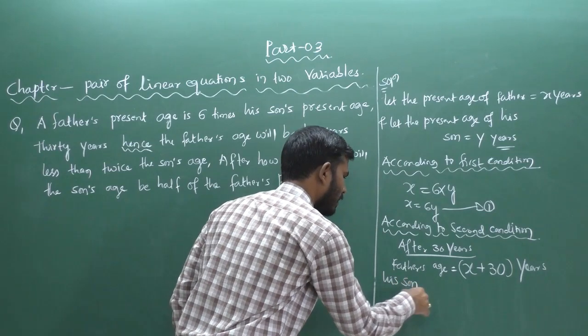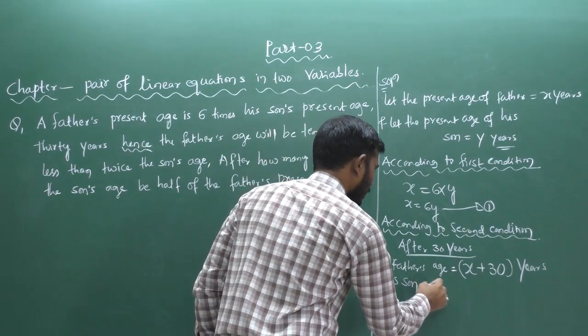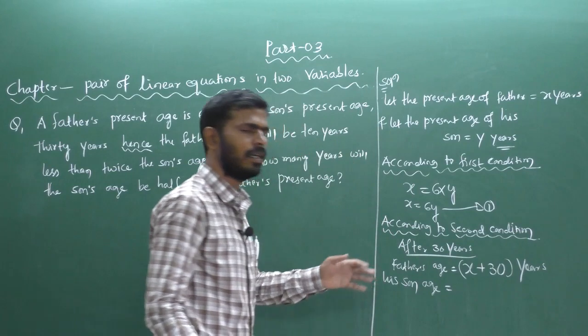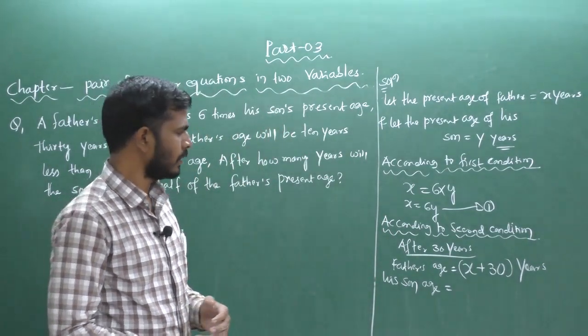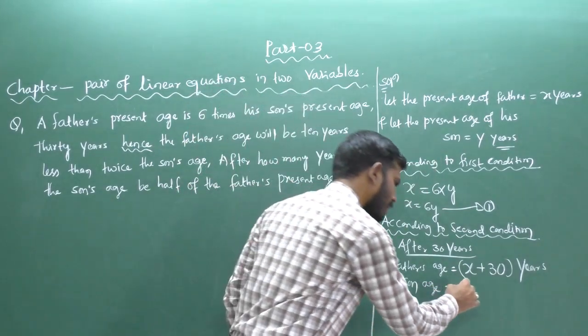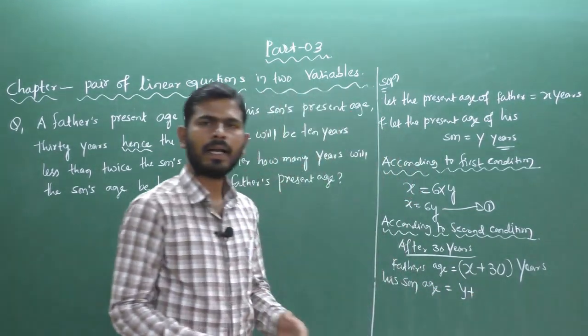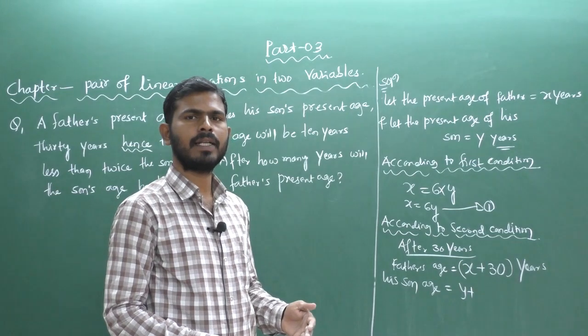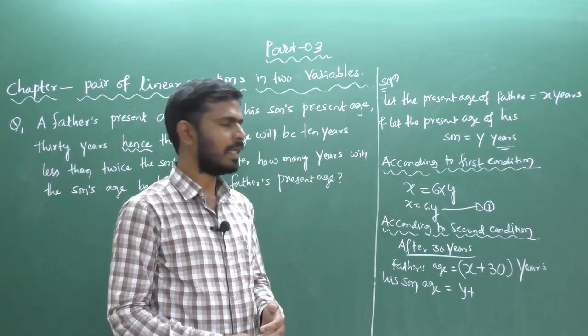His son's age after 30 years, what will it become? The present age of his son is y. Just add 30 to the present age, and we will get the son's age after 30 years.